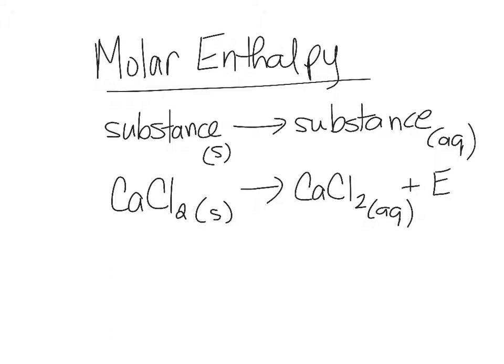According to Chegg studied textbook solutions, the amount of energy is negative 81.3 kilojoules per mole. The negative sign means it's exothermic.